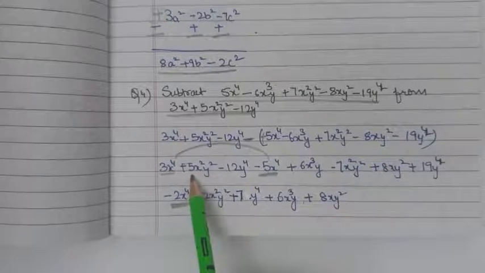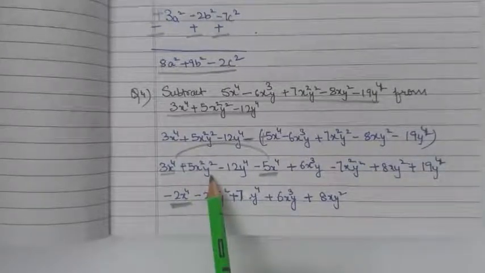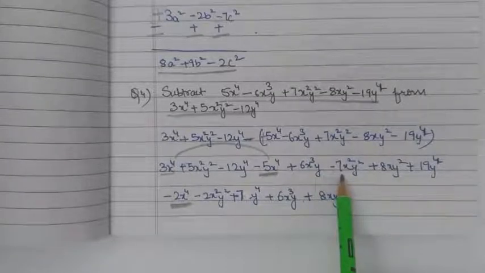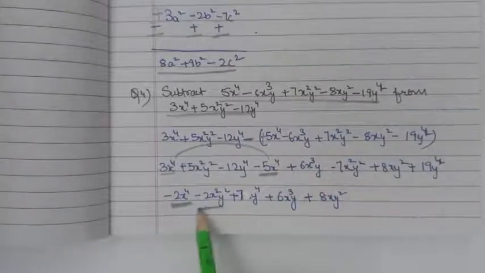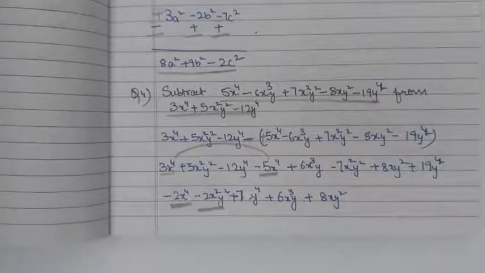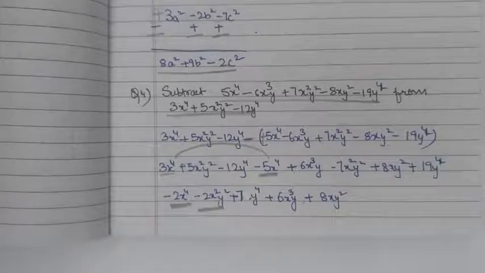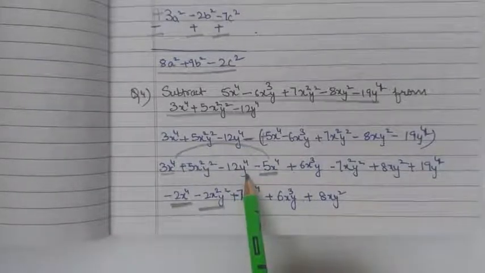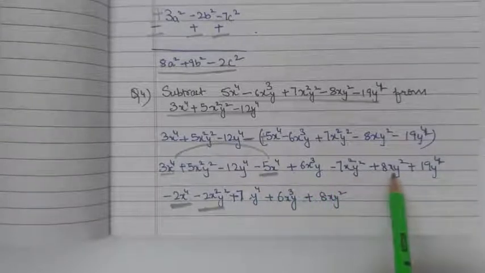Then 5x square y square minus 7x square y square will give you minus 2x square y square. For your convenience, you can keep them in a single bracket, then you can add them. Fine. Now minus 12y4. Is there any term containing y4?